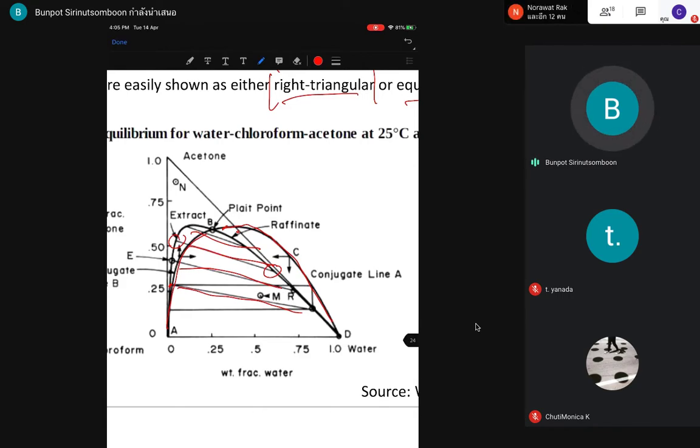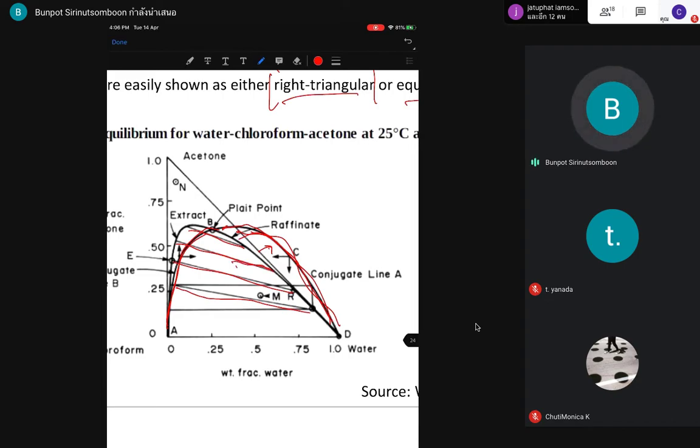Okay, so from the equilibrium data table, you should be able to make many tie lines, and these tie lines can help you construct the conjugate lines. And in the opposite way, if you have the conjugate line, you can also make these tie lines.